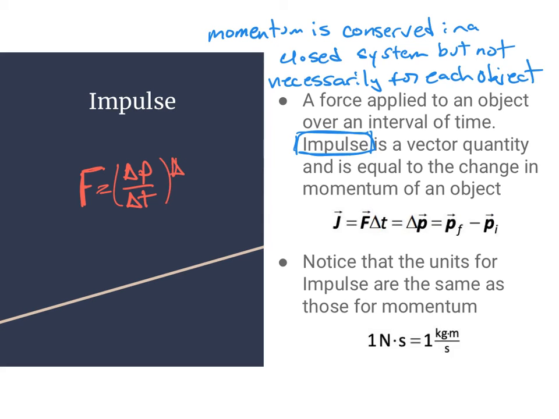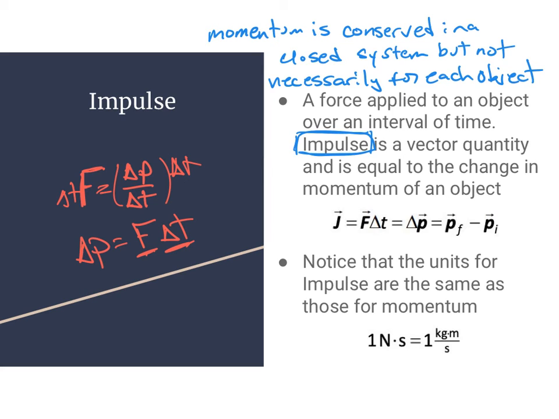So we multiply both sides by delta t. And so the change in an object's momentum is equal to the force times delta t. Thinking about that a little bit more deeply, the change in momentum is related to the change in velocity. A change in velocity is acceleration. That acceleration is caused by a force. So when you have a force exerted on an object over time, you have acceleration, and that acceleration then changes the velocity, which causes a change in momentum.